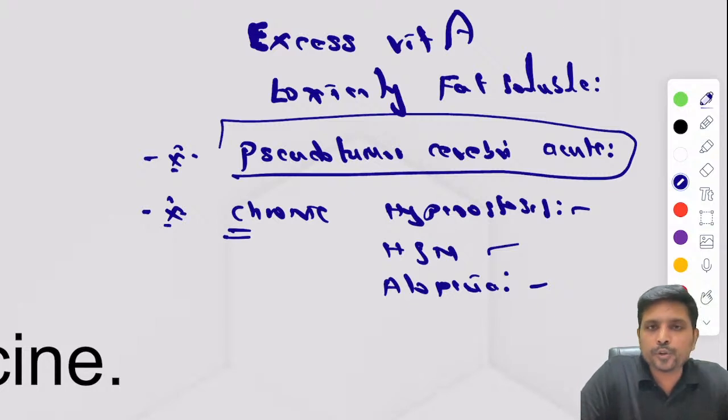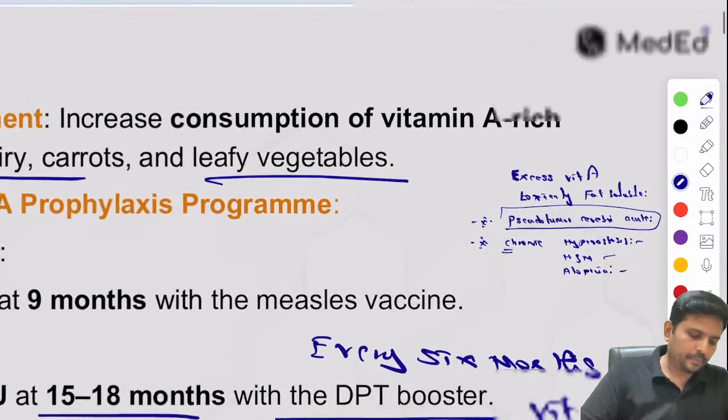One cause for pseudotumor cerebri is excess vitamin A administration, so you need to be very careful while giving vitamin A to children.